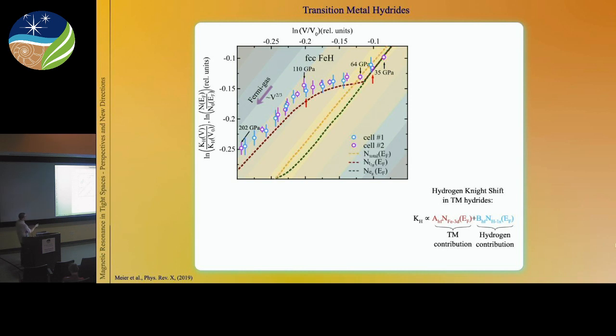First, let me show you what the 3d electrons are doing. We found that the 3d density of states, the density of states for the t2g electrons of iron, very closely follows our experimental data, which was extremely nice for us to see.